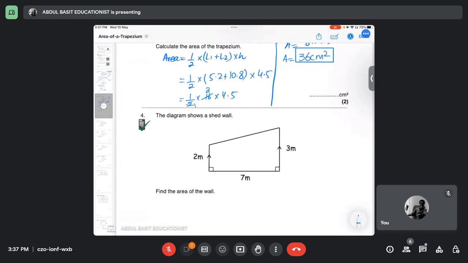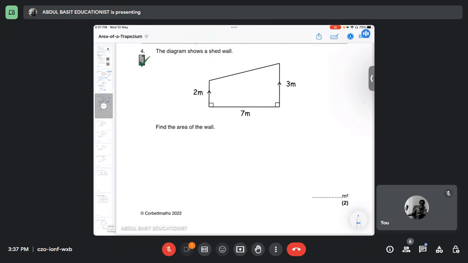I am giving one more question. Now they say find the area of the wall. So we have to find out the area of the wall. Now we can see that in this question it's a trapezium because it has one pair of parallel lines. These two are parallel lines and this is the height. So you can see that this is my L1, that is my L2 and this is my perpendicular height.